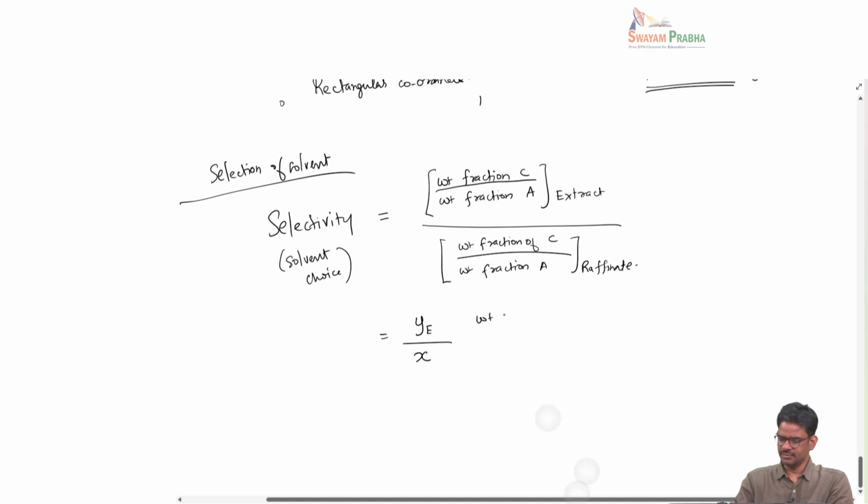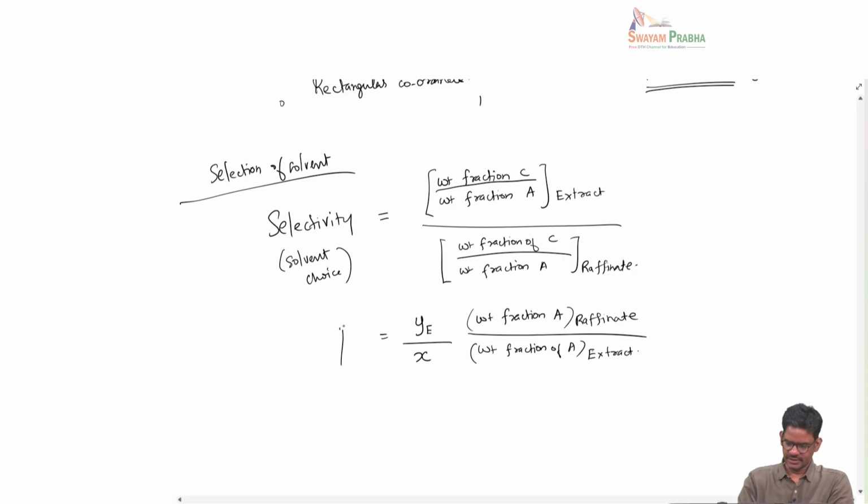So this brings us to the weight fraction of A in the raffinate over the weight fraction of A in the extract. I think the symbol beta is used.